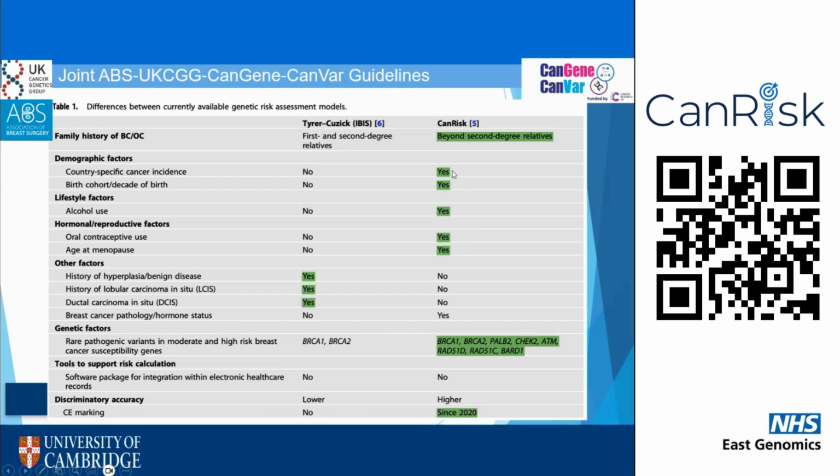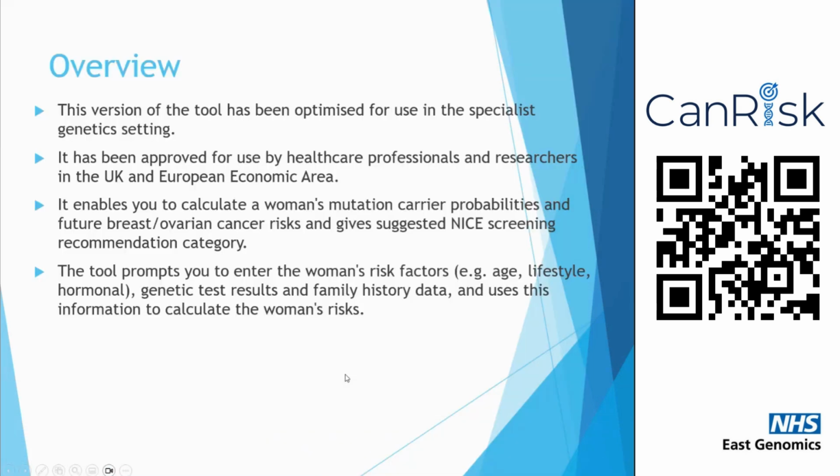It puts in additional factors like alcohol use, or contraceptive use, age of menopause. It allows you also to take account of more genes. I think Tyrer-Cuzick just allows you to input information about BRCA1 and BRCA2. And it's also CE marked now.